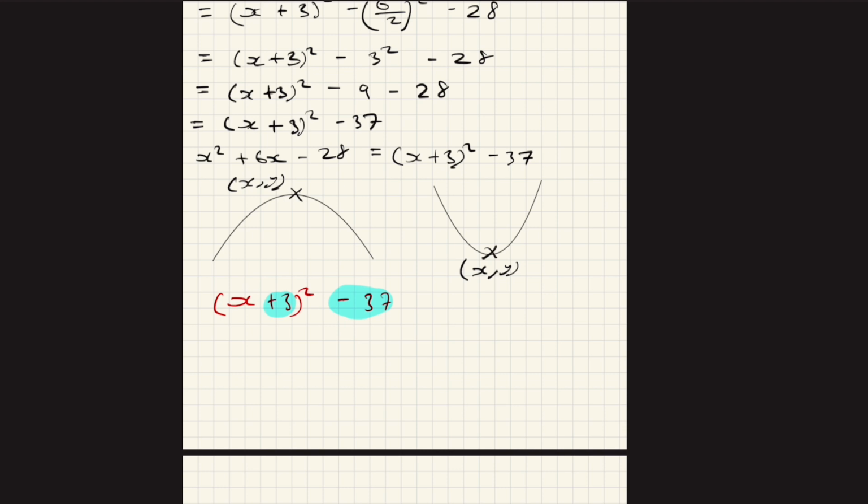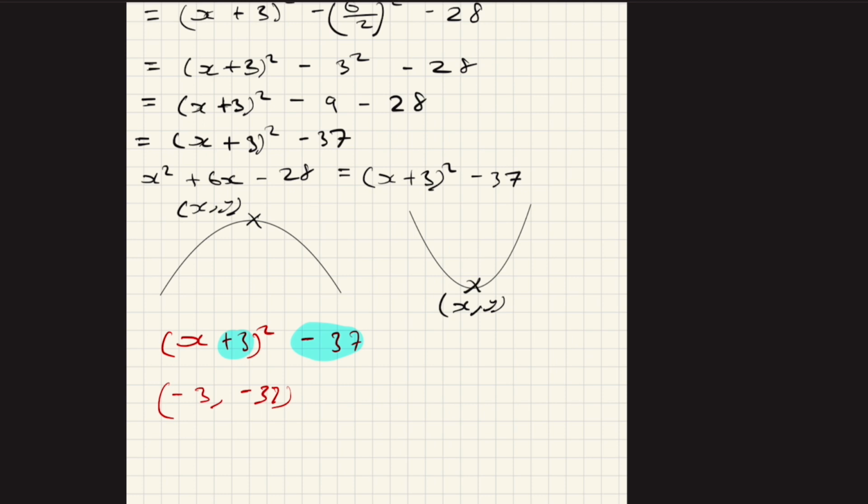So for the minimum of this graph, the x coordinate will be minus 3, but the y coordinate will stay as minus 37. And this would be the coordinates of the maximum of this graph.